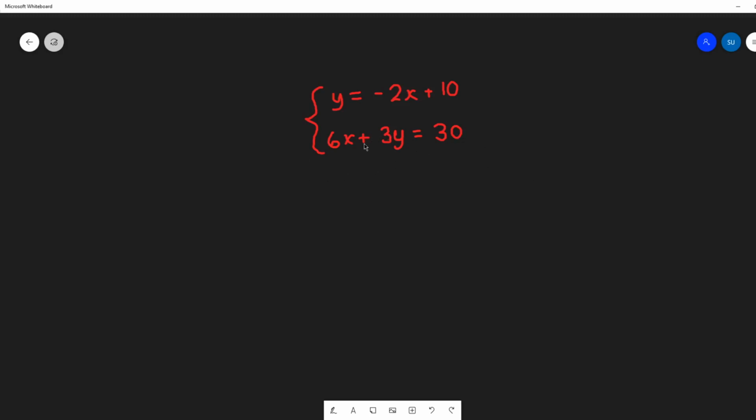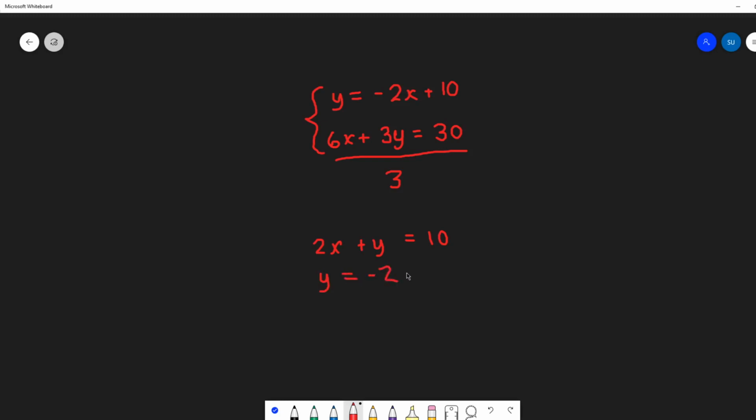I see a greatest common factor of 3, so let's do that. So dividing everything by 3, we will get 2x plus y equals 10. And looking at this first equation, we can leave it as y equals negative 2x plus 10.